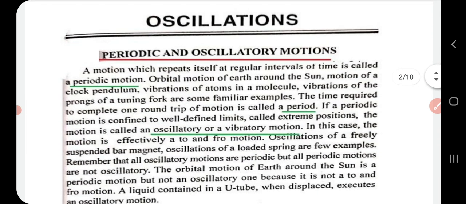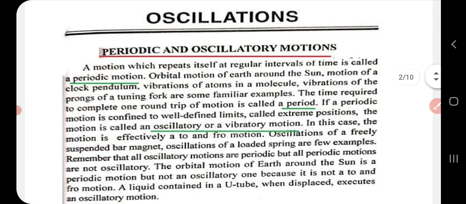Now here you have to study a few definitions. I think you might have heard about these terms in your lower classes, I mean 12th standard. So see, what is meant by periodic motion? As the name suggests, a motion that repeats itself at regular intervals of time is called a periodic motion.